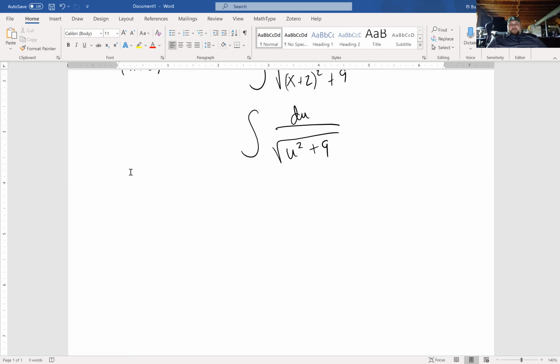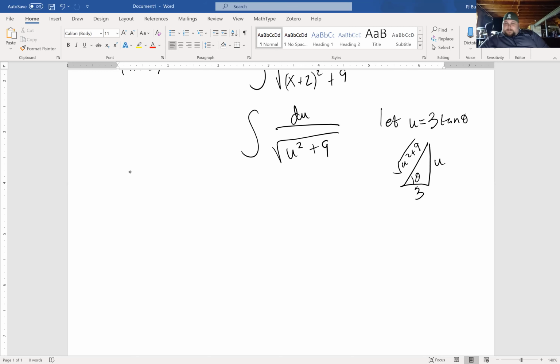So this looks like another trig sub at this point, right? So we need to make another substitution. I'm going to let u equal, now we've got plus, so I believe this is going to be tangent that we want. So we can do the triangle right off the bat to make sure. So tangent is opposite over adjacent. That means the hypotenuse would be u squared plus 3 squared, and that looks good.